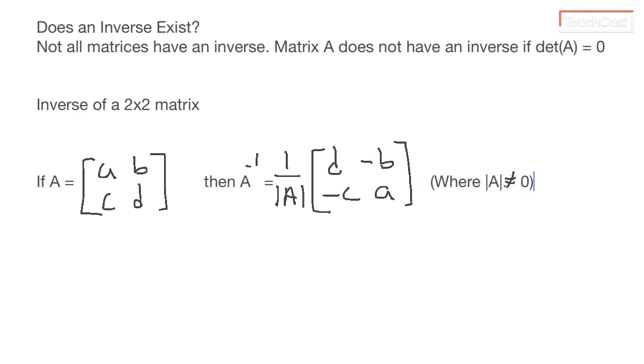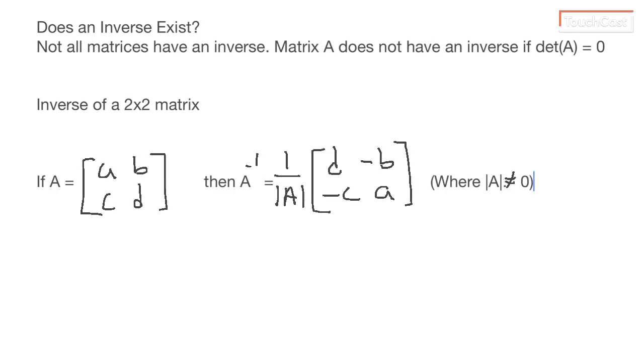So now the question is, do all matrices have an inverse? Well, no, they don't. But what we can say is if we were to find the determinant and it equals 0, then we don't have an inverse.